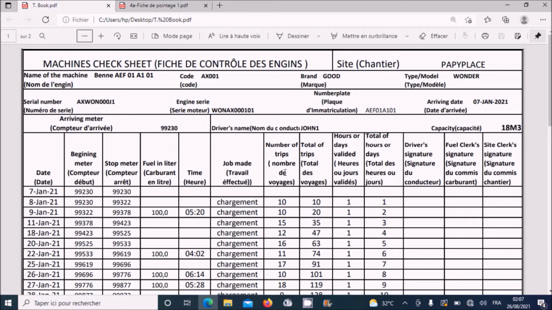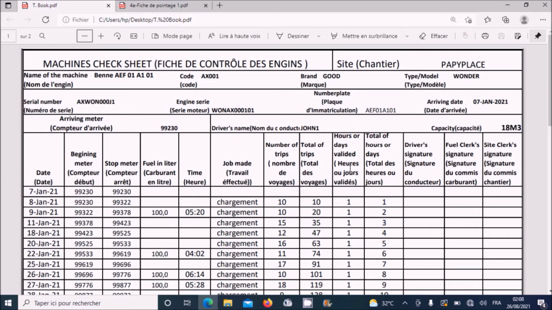The number of trips is 10, and here it is 10. The following day 10 also, so you have 10 plus 10, it is 20. The following day 15 trips, we have 20 plus 15, we have 35, and so on.